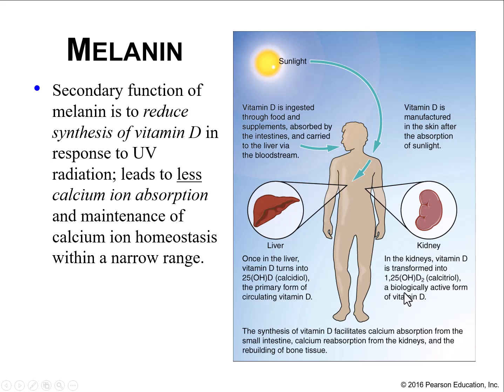And that is a biologically active form of vitamin D. So we all need a little bit of sun exposure to make the vitamin D that we need. And what vitamin D does is help with calcium ion absorption.